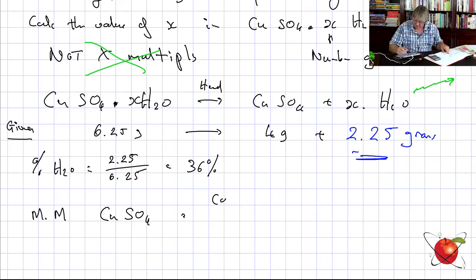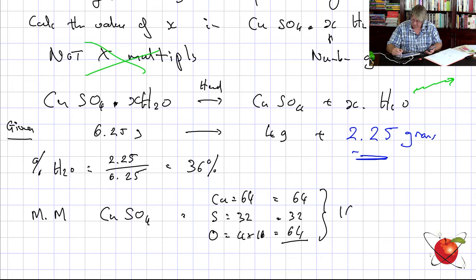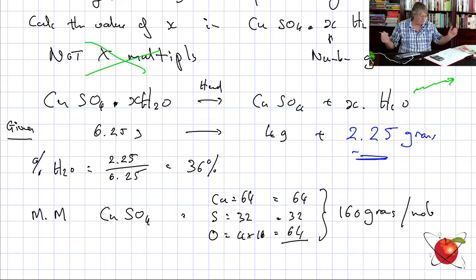It's copper equals 64 and S is equal to 32 and oxygen is 4 times 16, okay, that is 64. So 64, 32, and 4 times 16, let's check, 4 times 16 is 64, so we add it all up, and we come to 160 grams per mole.